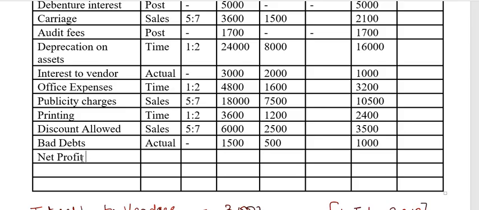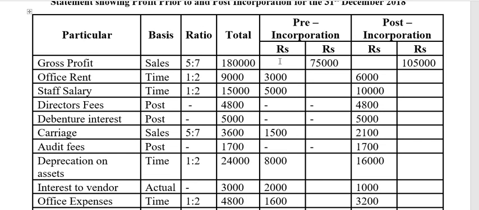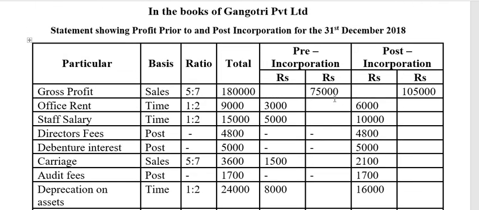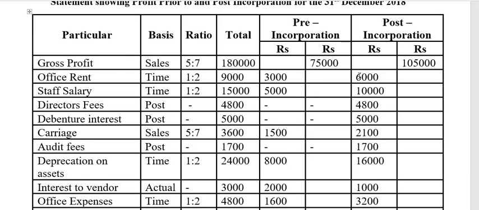Whatever profit we are going to earn for pre-incorporation will be called capital profit, and whatever profit we are going to earn in post-incorporation will be called revenue profit. So check the credit column, add the credit column, and add all the debit column.